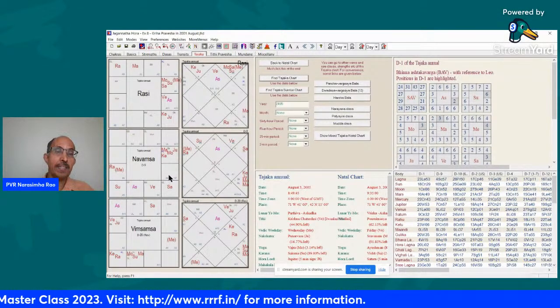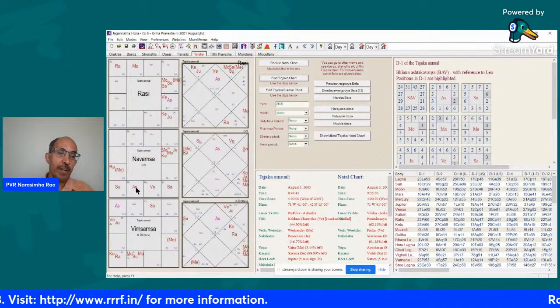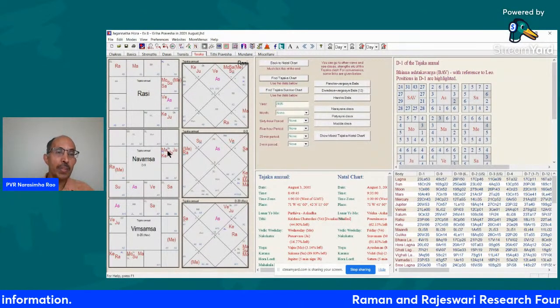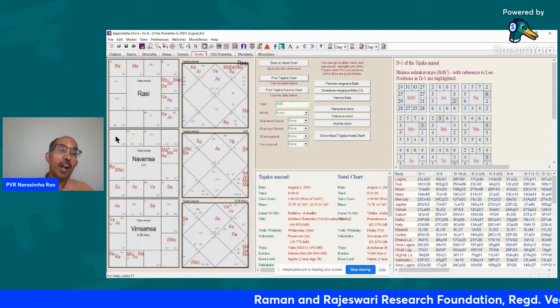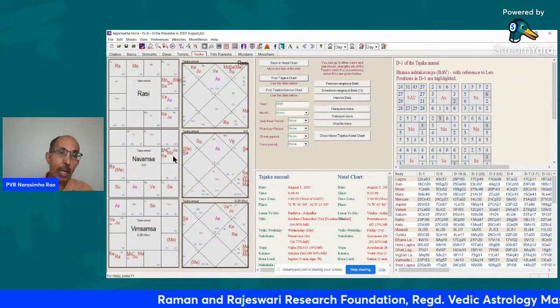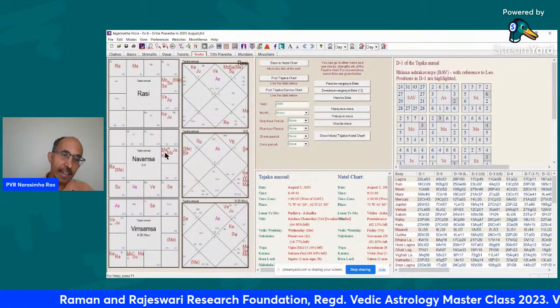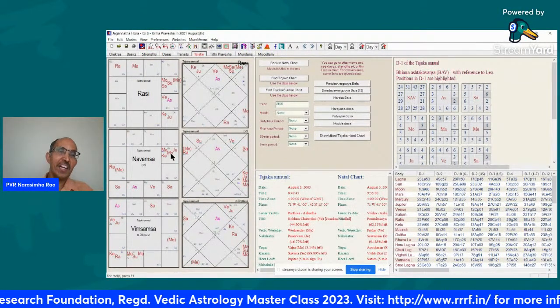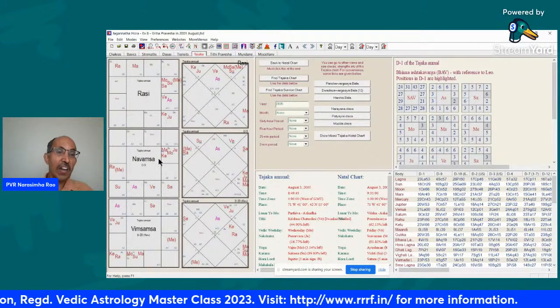And look at the Navamsha chart, the chart of Dharma. Lagna Lord Mars and the 9th Lord Moon in one sign, and the 5th Lord Jupiter in exaltation are together in the 9th house. By the way, the other Lagna Lord Ketu is also there. So both the Lagna Lords Mars and Ketu, the 9th Lord in one sign and the 5th Lord in exaltation, are in the 9th house.